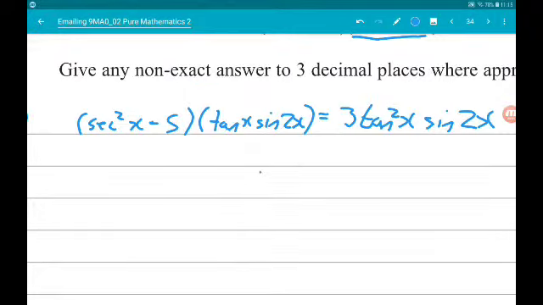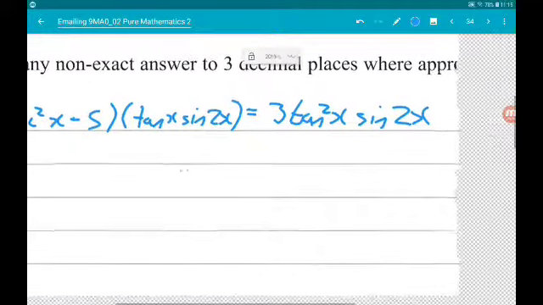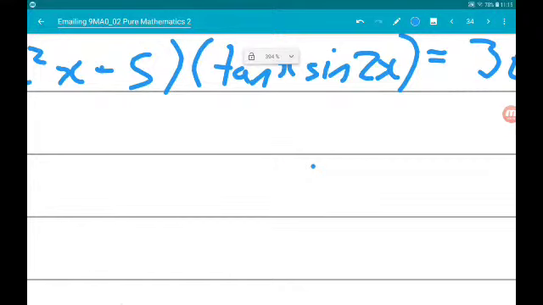Okay, so before we do anything else, we can actually get a solution from here. We can see that both sides have a factor of tan x and sine of 2x. Now, tan and sine are both 0 when x is 0. So, our first solution is x is equal to 0.